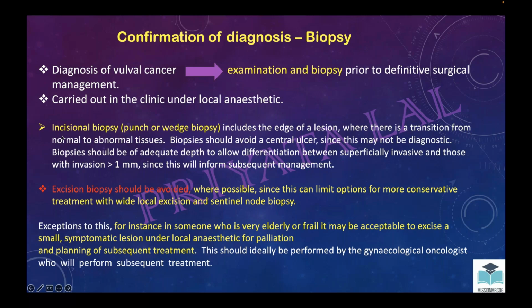An incisional biopsy includes the edge of the lesion where there is transition from normal to abnormal tissue. So we are taking a little part of normal and abnormal tissue. From that edge of the lesion, the biopsy is usually taken. From the center of the lesion, it should not be taken because it will not be diagnostic.